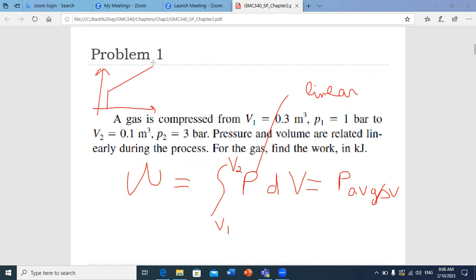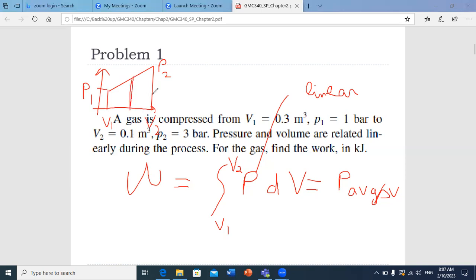And since you have a trapezoidal area, you can say that we know the coordinates here. This is P1, V1. Here I'm drawing any line not related to this problem, because I'm talking about a general linear process. So P2, V2. And then you can say that the area of a trapezoid is equal to the average base times the height.